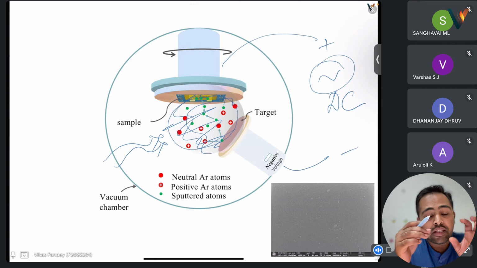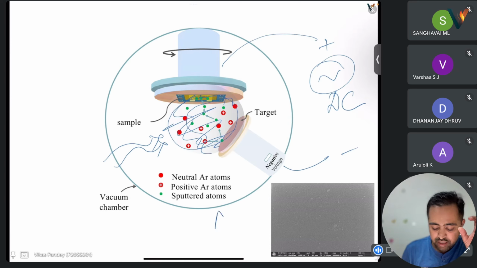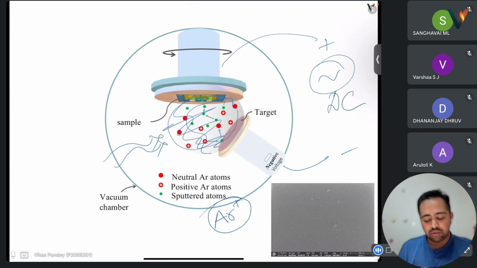In the plasma, argon gets positively ionized and moves fast towards our negative target, and there it hits it.